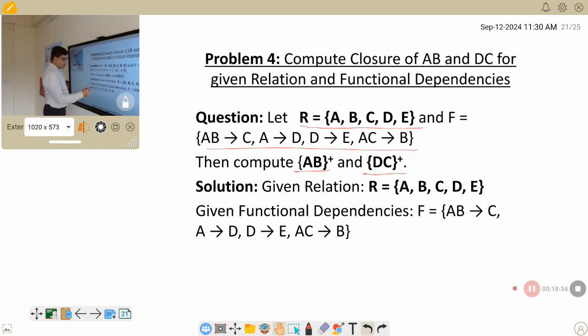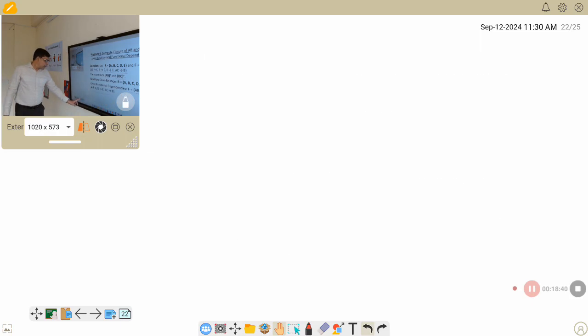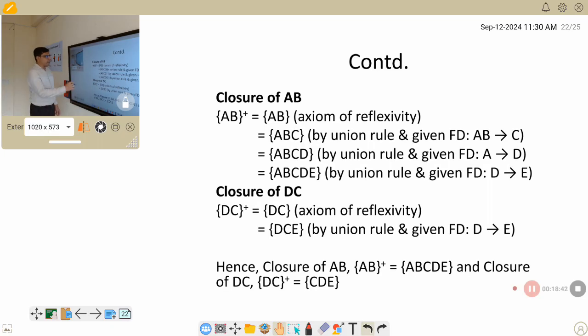Now the solution: you check the functional dependencies and then find the closure of AB and the closure of DC. From AB you try to derive the other attributes from the functional dependencies.